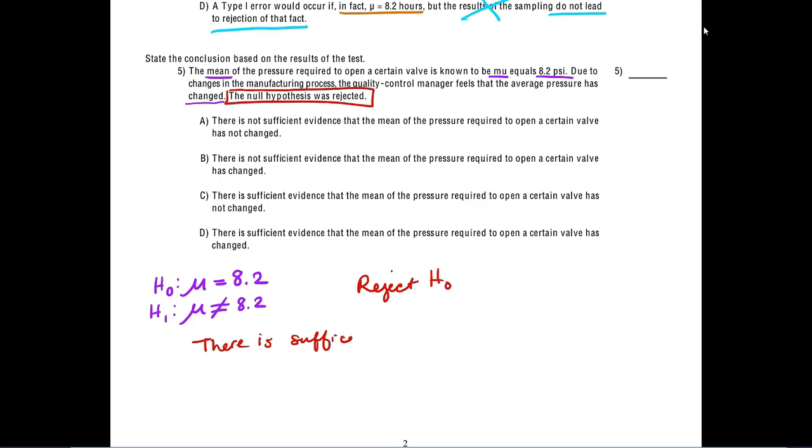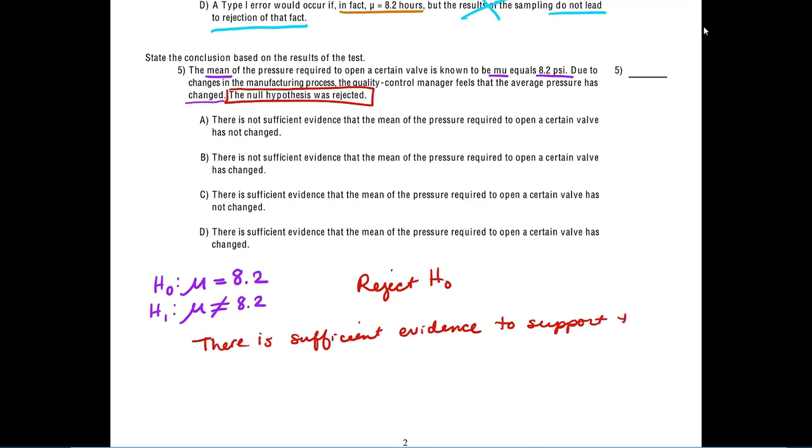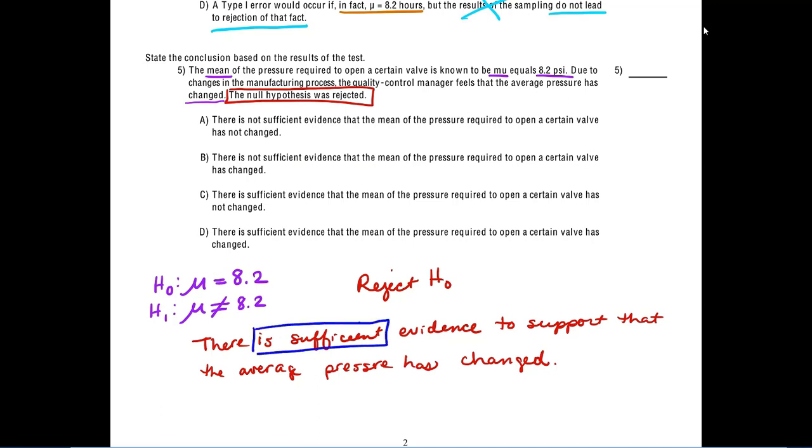sufficient evidence to support that the average pressure has changed. When you reject the null hypothesis, you choose that there is sufficient evidence.